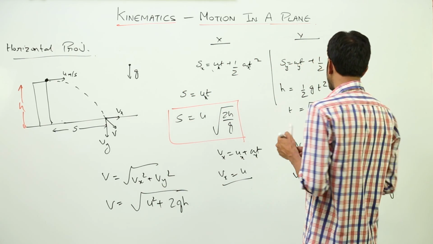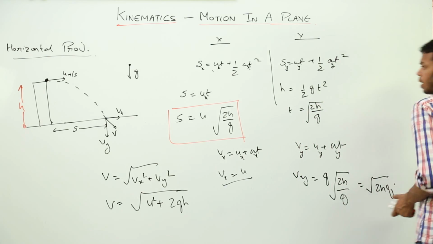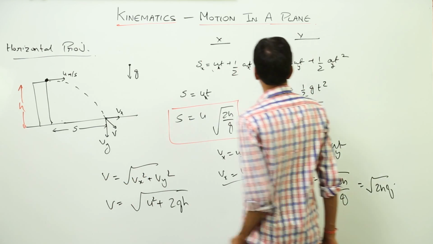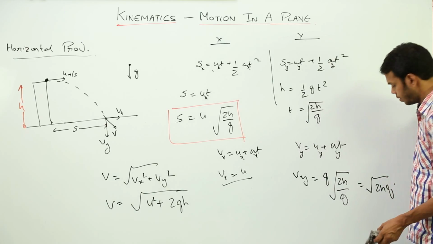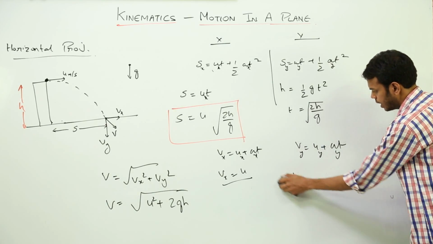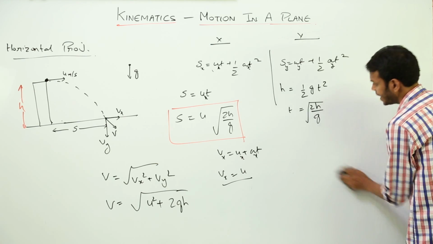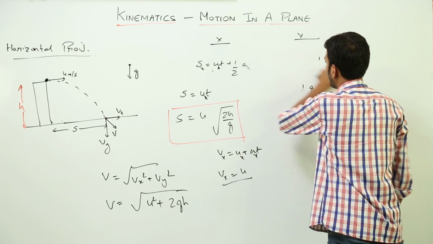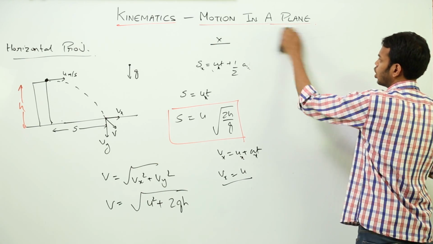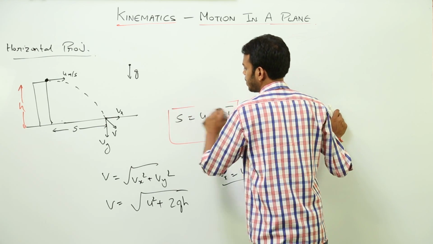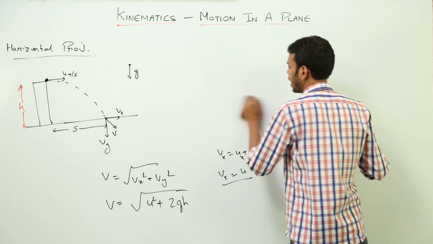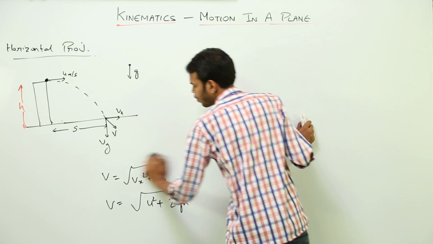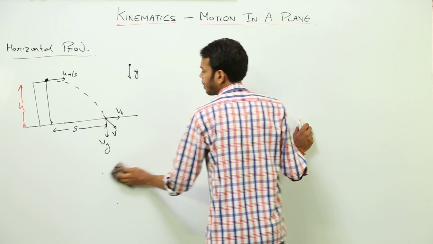Now let's do the same thing with some values. Okay, I hope you have all noted it down. So consider a building of height 20 meters, and suppose an object is thrown in horizontal direction with velocity 20 meter per second. Okay, and let's find out what are the distances and velocities it covers, what is the time taken by the object.